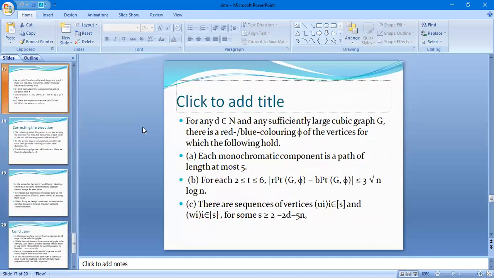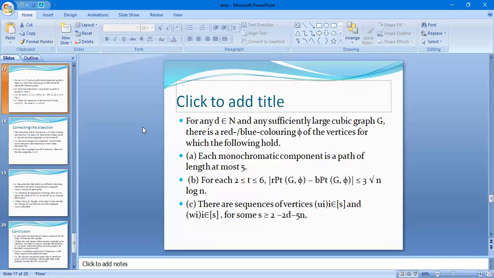For any sufficiently large cubic graph G, there is a red or blue coloring of vertices for which the following holds. Each monochromatic component is a path of length at most 5.